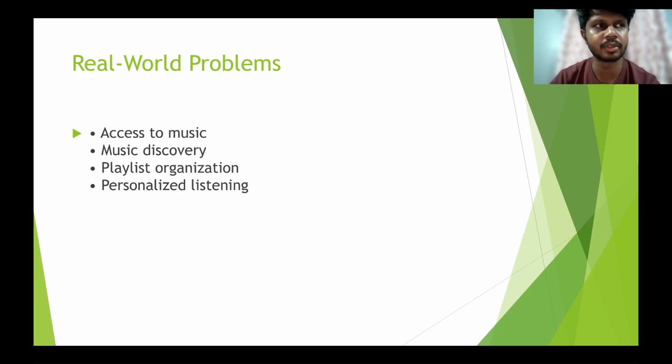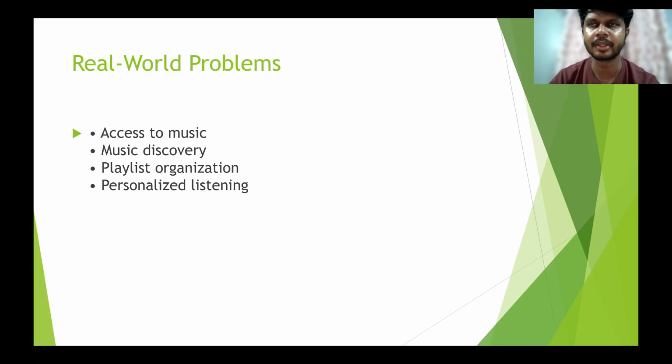And the fourth problem is a personalized listening experience across multiple devices. Today users switch between mobile phones, laptops, tablets, smart TVs, etc. So Spotify stores playlists, listening history, and user preferences in the cloud, allowing users to listen exactly where they stopped.